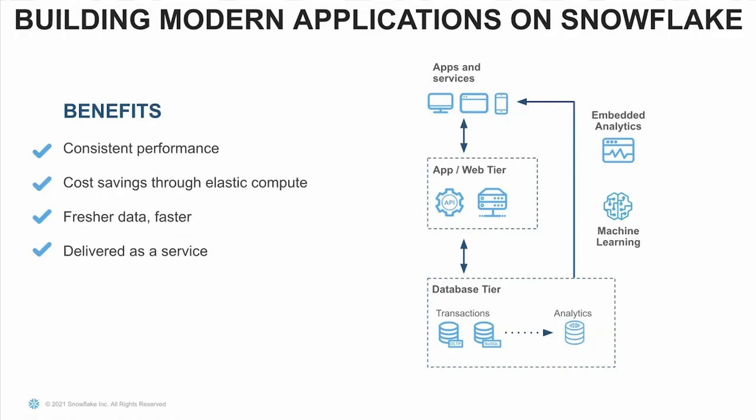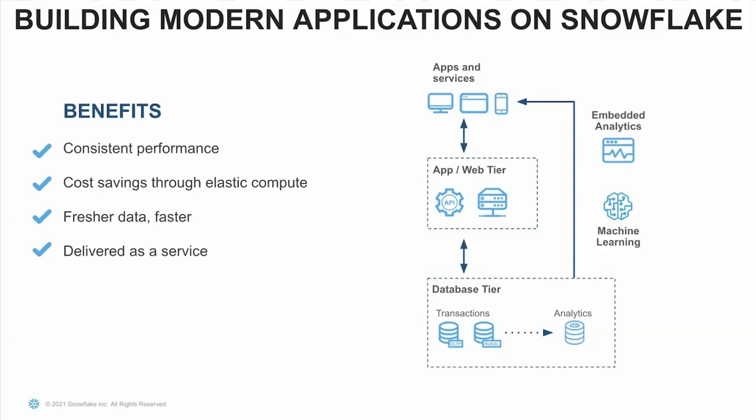So instead of trying to run these analytic workloads and bring additional data sources into these transactional systems, what Snowflake promotes is moving this data from the transactional system into Snowflake for your analytics layer, and then connecting your applications to that analytics layer for the queries and processes needed to run machine learning and those embedded dashboards for your applications and your users.